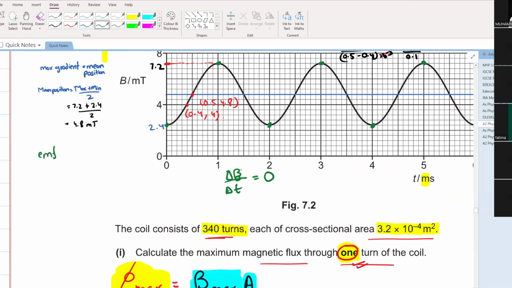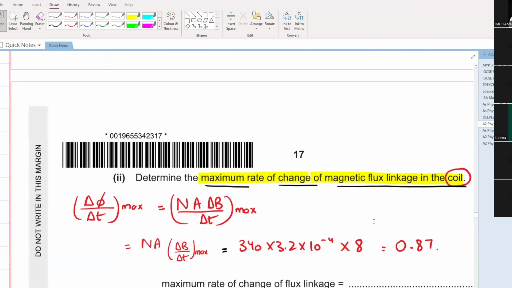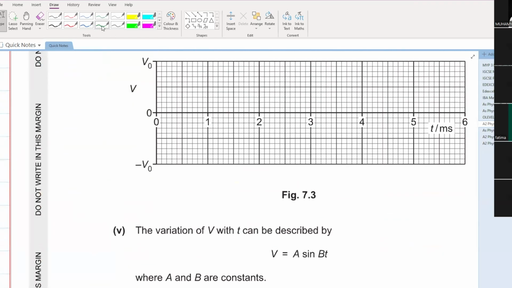My induced EMF is equal to NA into change in B over change in T. If this entire thing is zero, at these specific points your EMF will be zero. So at time t equals 0, 1, 2, 3, 4, 5, 6, at all these whole number points, what will my EMF be? 0. Let's mark it here. 0, 0, 0, 0, 0, 0, 0. And at all the other points, at all the middle values, your EMF will be maximum.